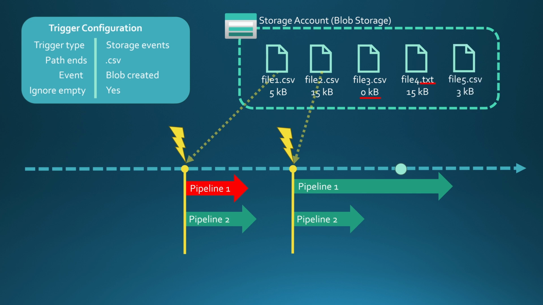Our fifth file has been created and it has the .csv ending and it's not empty, so it will run our trigger and this will trigger our pipeline 1 and 2. However, our pipeline 1 from the previous trigger is still running and now we have again the situation where our pipeline 1 is running two times at the same time because in this trigger we cannot define any concurrency in the trigger configurations to prevent this from happening.